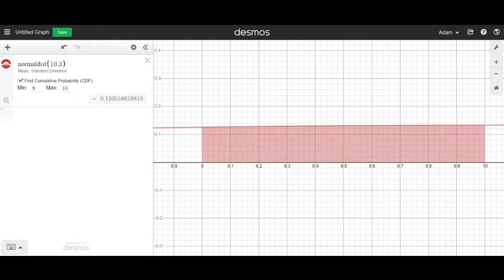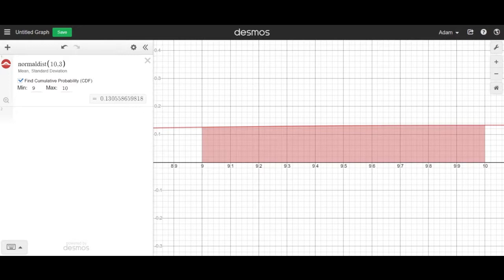And it turns out that area is about 0.130, what is it, 56 actually, if we round. So if we were to round to 3 decimal places, which is what I said to do, we would get about 0.13056.